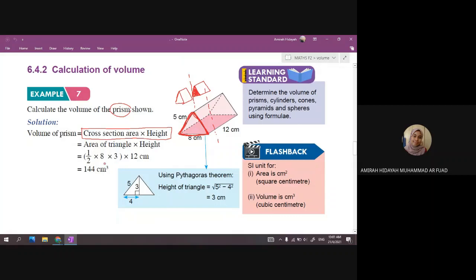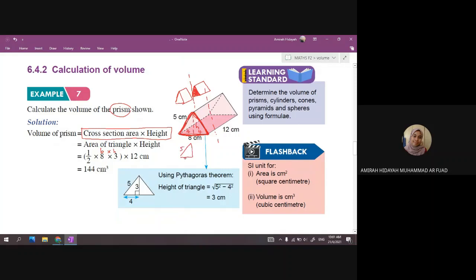So we know that to find the area of a triangle, it is 1/2 times base times height. So base dia untuk triangle ni adalah, adakah 8? Yes, 8, betul. What about the height? Height dia ni kita kena carilah. So kita dah tahu sini 4, sini 4 dan sini 5 kan.